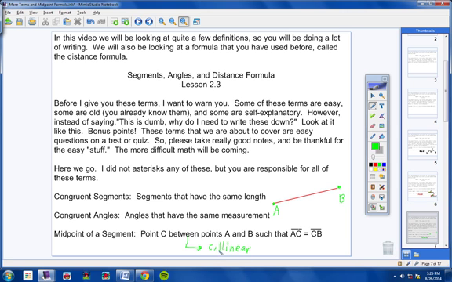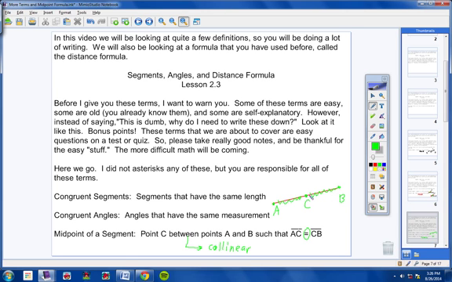So when it says C is between A and B, it means all 3 points are on the same line, and C is right in the middle in such a way. Now look, that AC, this segment right here, equals CB, this segment here.